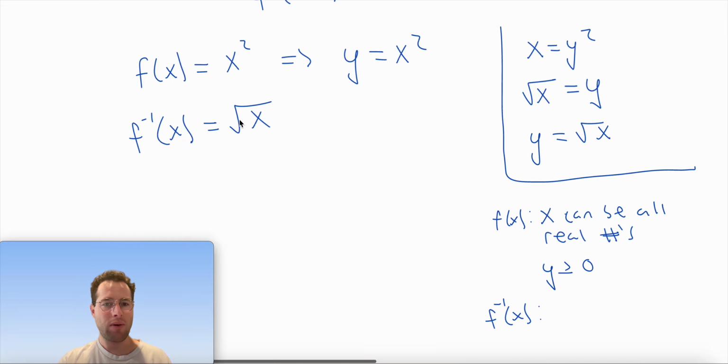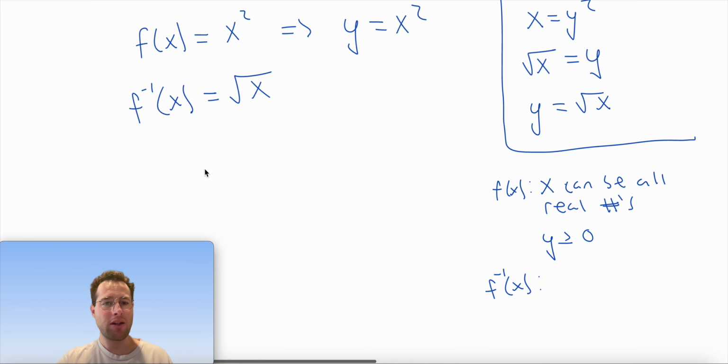Right now, you might think that whenever we have the square root of something, we can have both the positive and the negative values. But if we do that, it won't be a function because we'll have two y values for one x value.